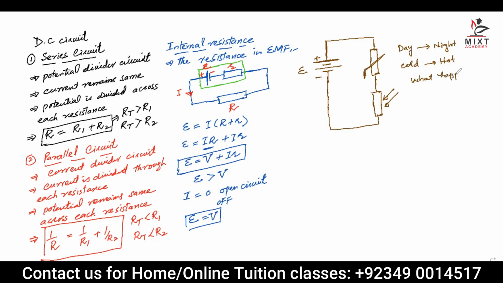What happens to the voltages, the potential differences of the LDR and thermistor? Okay, so for the thermistor, the temperature increases, so the resistance decreases, the current increases, and the potential difference decreases.